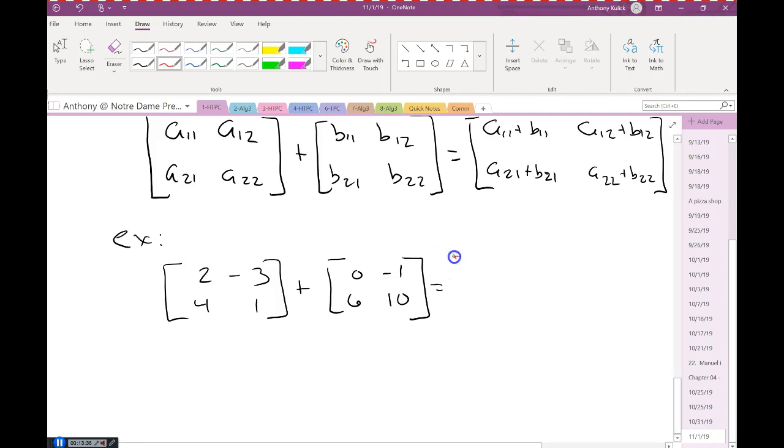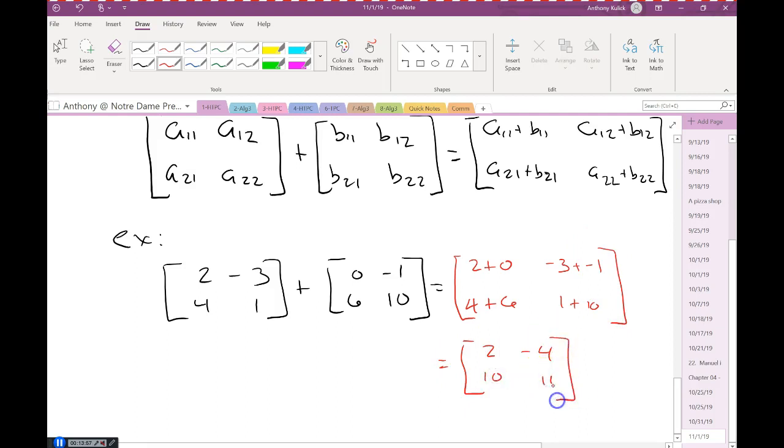My definition says that I can just do 2 plus 0 to get the first entry, -3 plus -1 to get the second entry, 4 plus 6 to get the third entry, and then 1 plus 10 to get the last entry. So I'd have 2, -4, 10, 11 as my final answer.